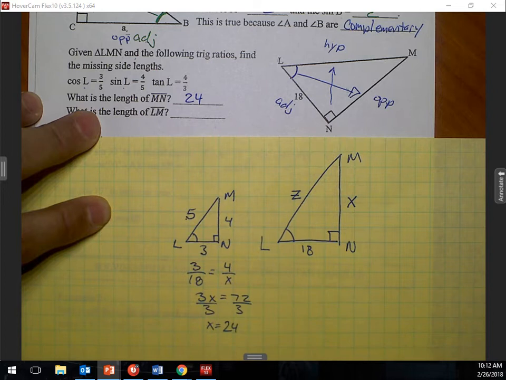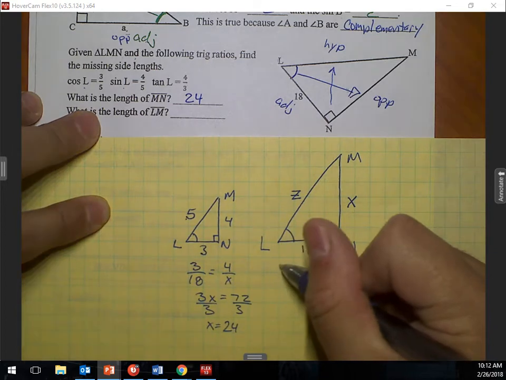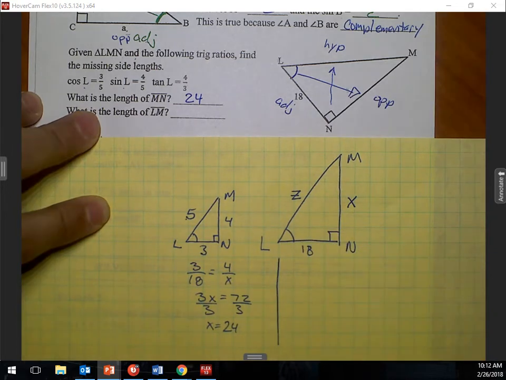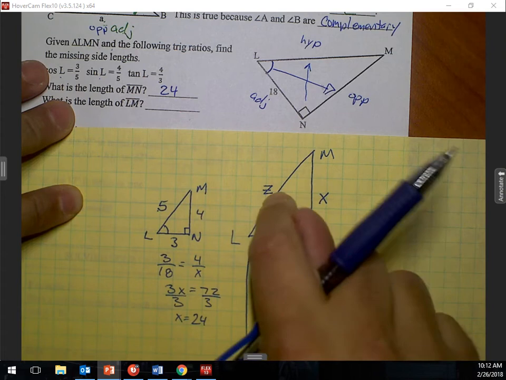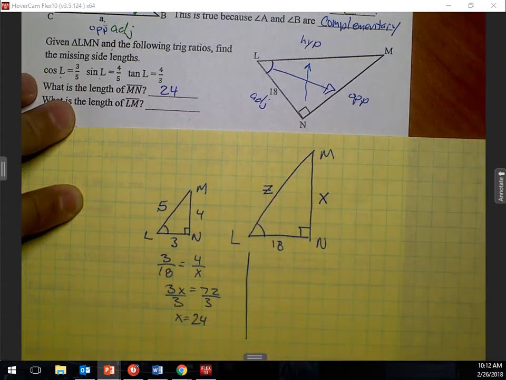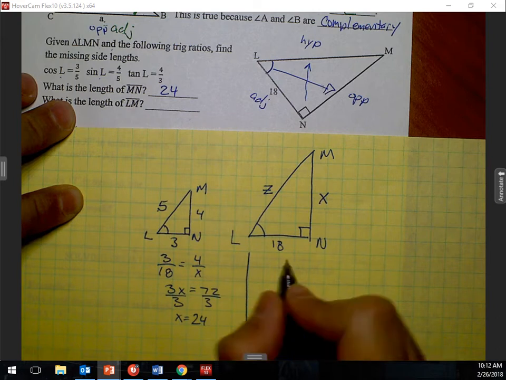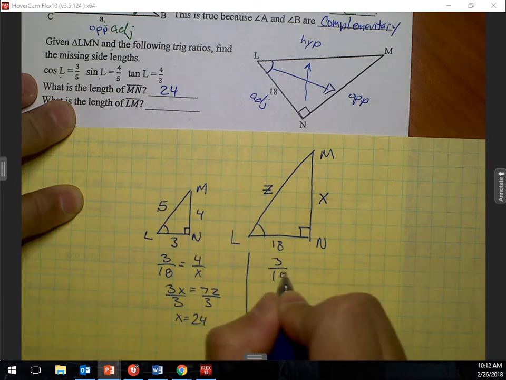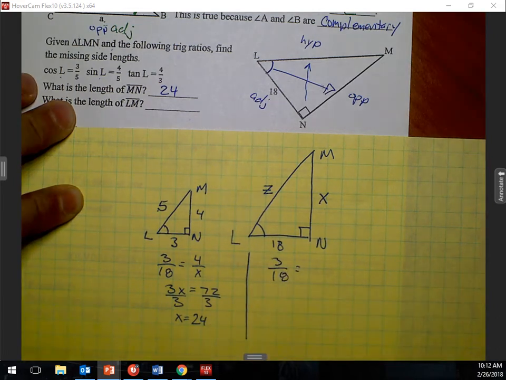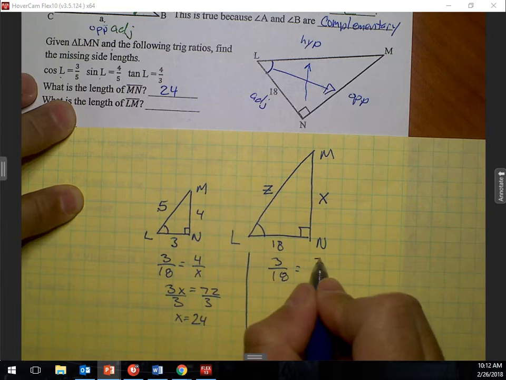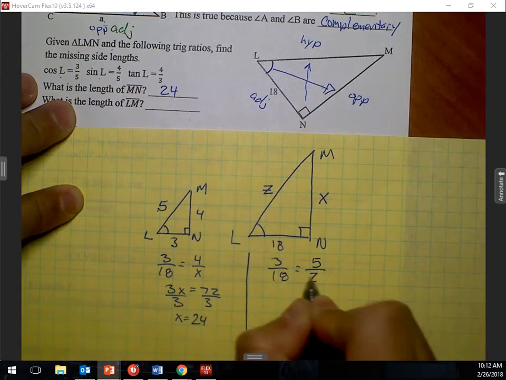Now, we're going to do cross products again, and now we're going to solve for this one because it's looking for LM. How would I do that one? 3 over 18 equals 5 over z. Very good.